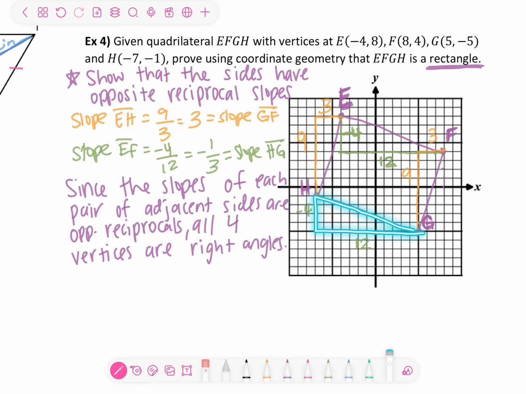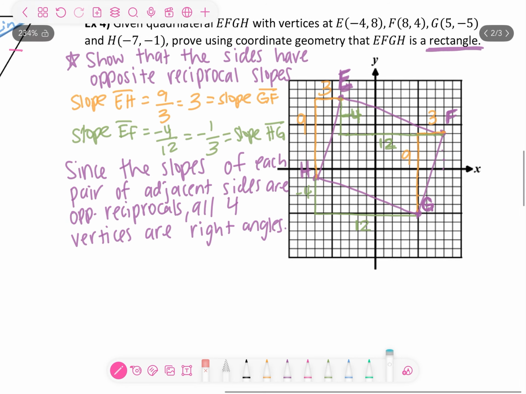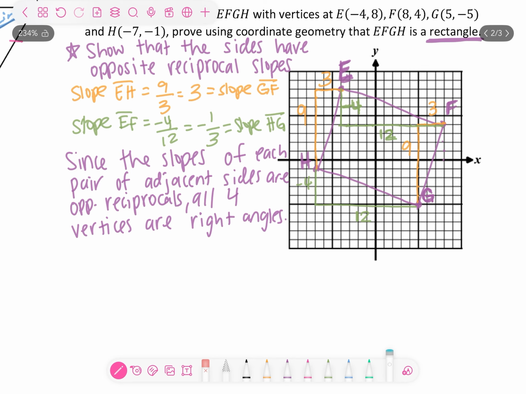I would do the same y change of 4 and x change of 12 to find EF, meaning they would have to be congruent because I'm plugging in the same values. The same argument works for EH with 9 and 3 and FG with 9 and 3. So we can summarize that using the information that's already in the diagram. We don't even need to rewrite it.